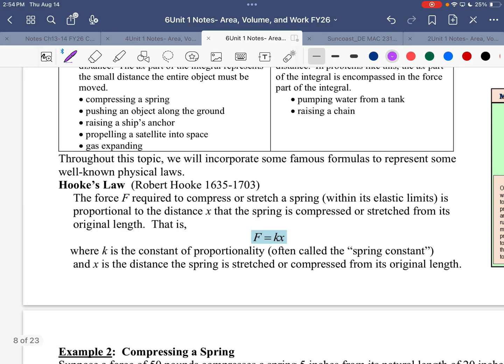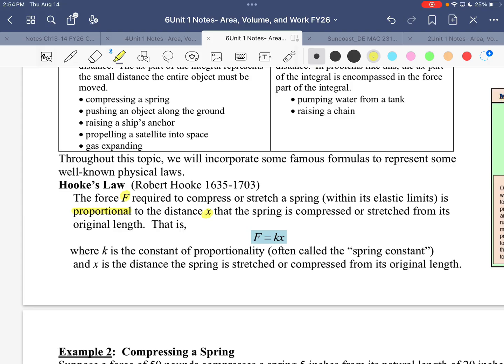So Hooke came up with a way to calculate how a spring is being compressed or stretched. The force has some kind of elastic limit, but he realized that it's proportional to the distance. The force is proportional to the distance x.